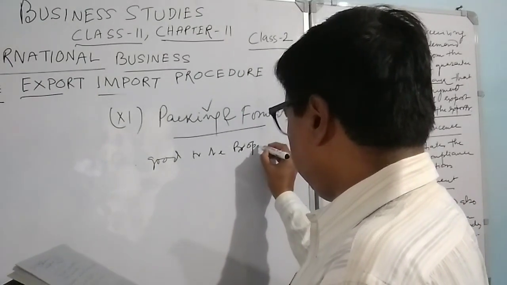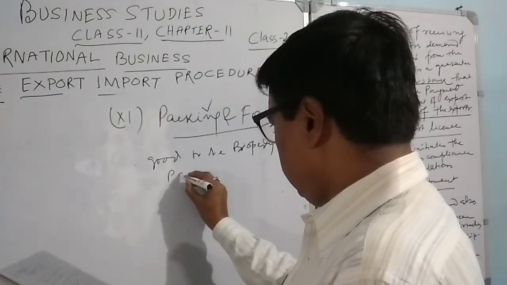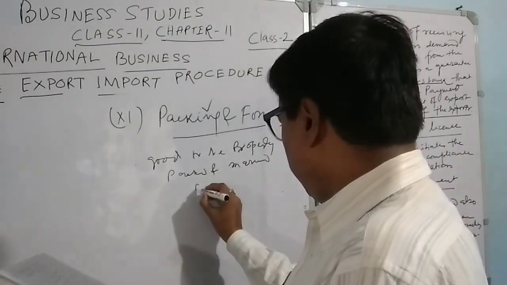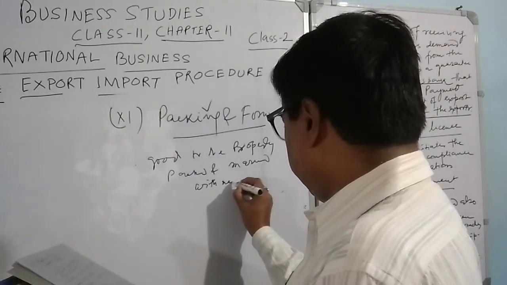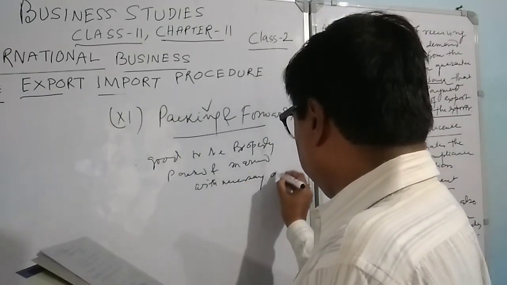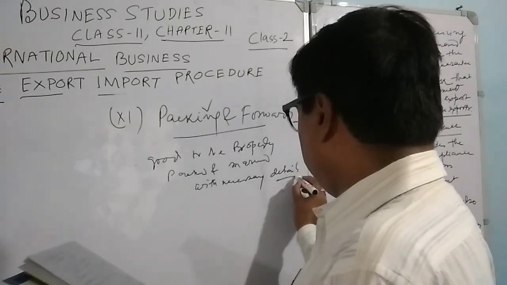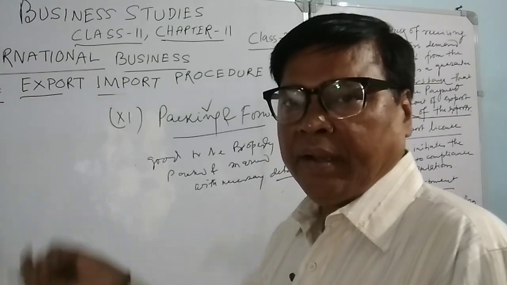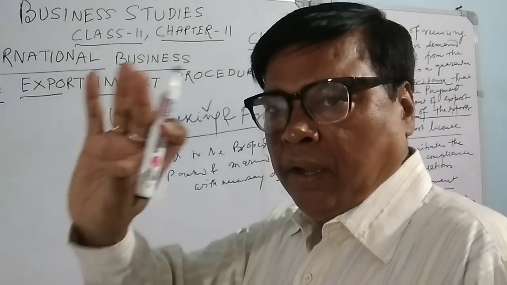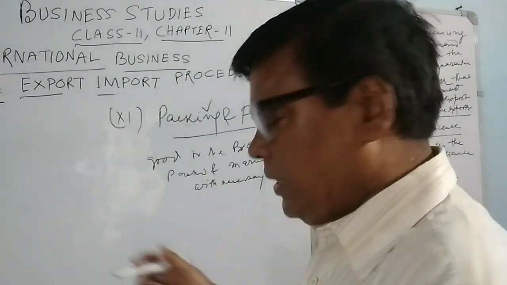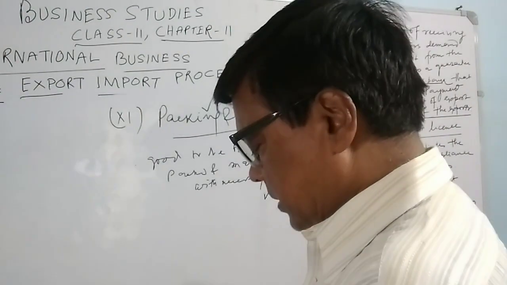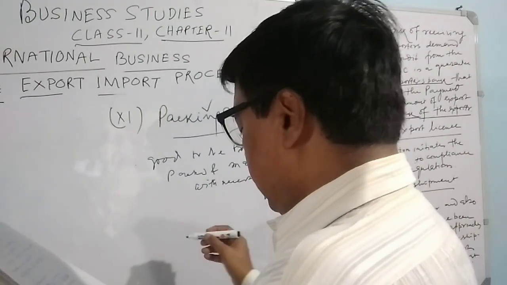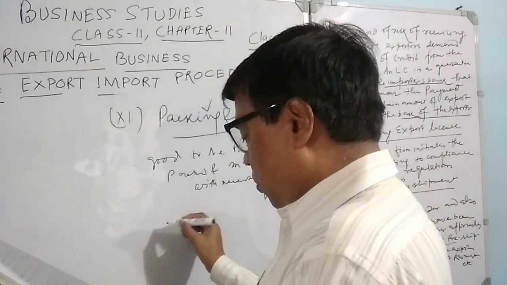So goods are to be properly packed and marked with necessary details. You can see this in your home country when you place an order with Amazon or something like that: on delivery, the packing list will be there, what material, what quantity, everything.